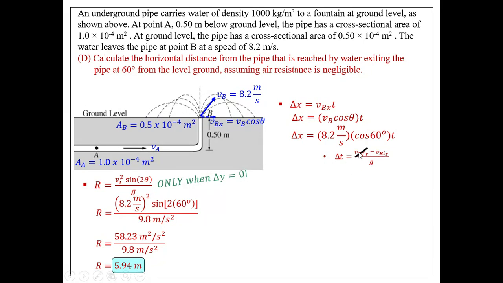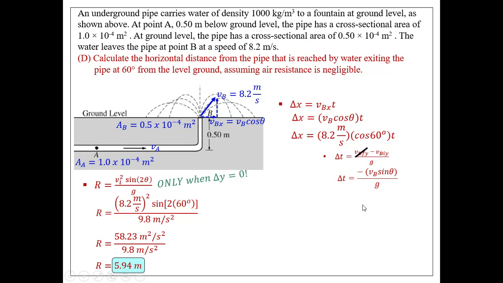So for my strategy, I want to cross out VFY because I'm just going to find the time going up. At the maximum height, VFY has to come to a stop before it falls back down or changes direction. So here, the negative sign gets carried down. VBIY is simply VB sine of theta, because according to this diagram, VB is 8.2, therefore VBX is pointing right, and VBY has to be pointing upward.